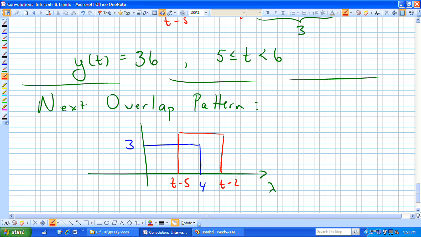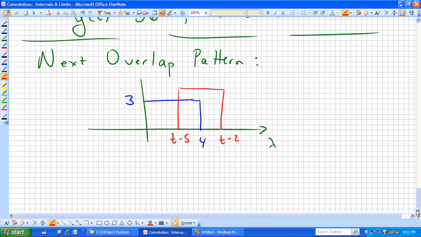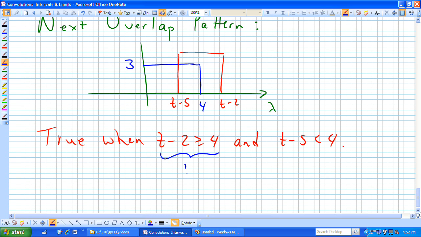T minus 5 is still to the left of 4. And this pattern is going to be true when t minus 2 is greater than or equal to 4 and t minus 5 remains less than 4. Or this says t is greater than or equal to 6 and t is less than 9.